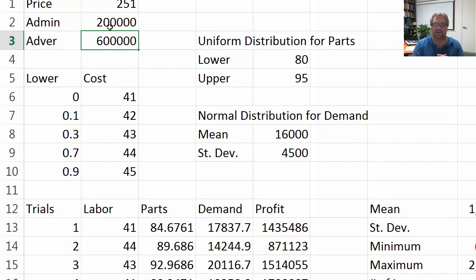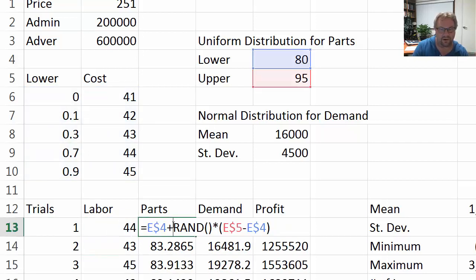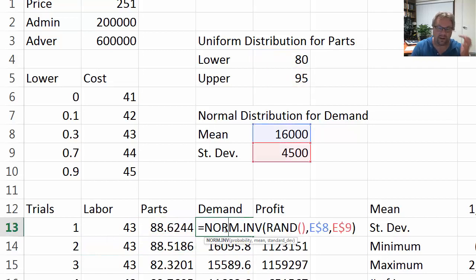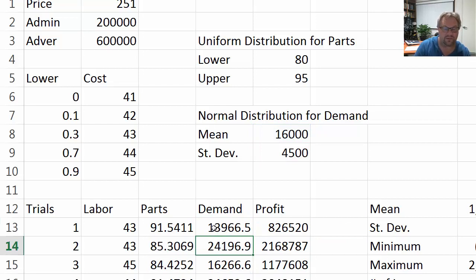Now, one last thing I want to talk about is as follows. When we set up our trials, we had a RAND function in the labor. We had a RAND function in parts and a RAND function in demand. That's the way you want to do these.